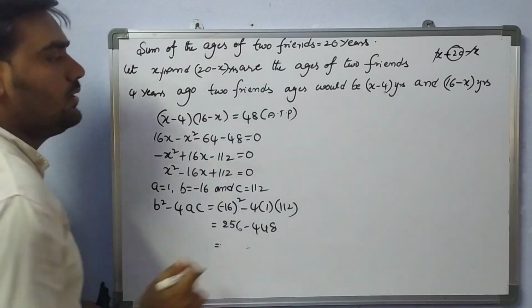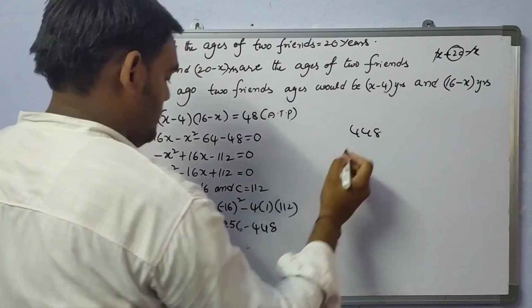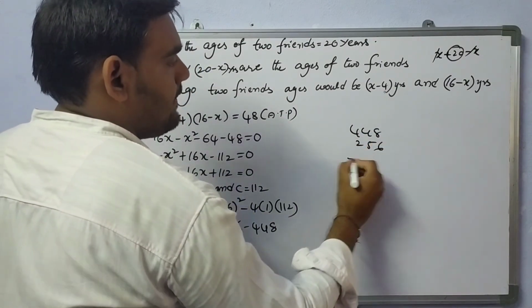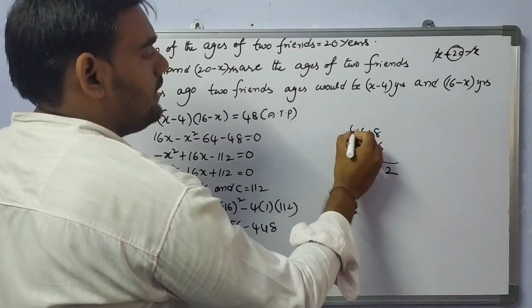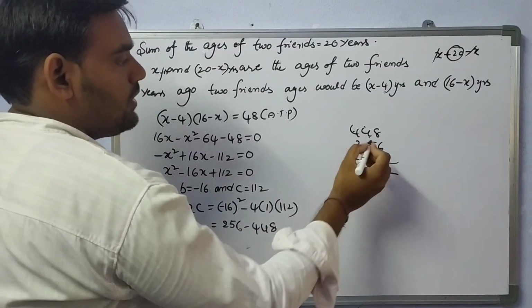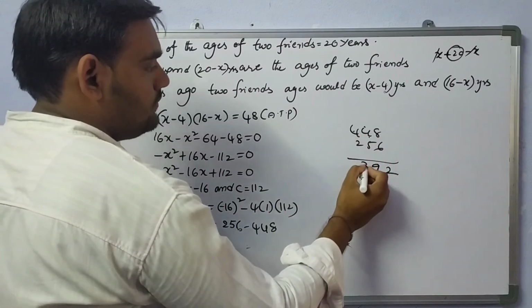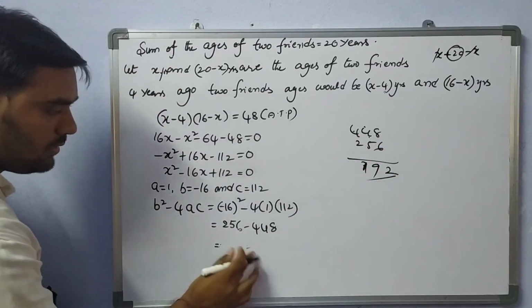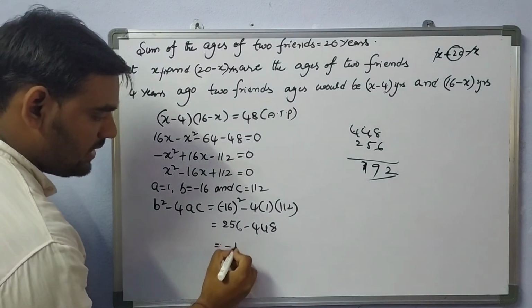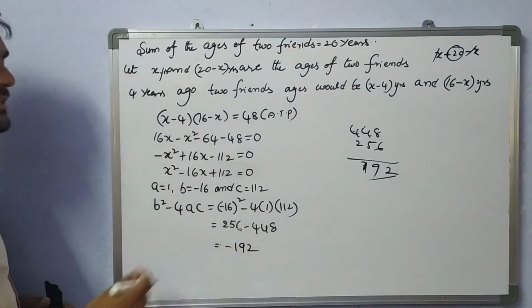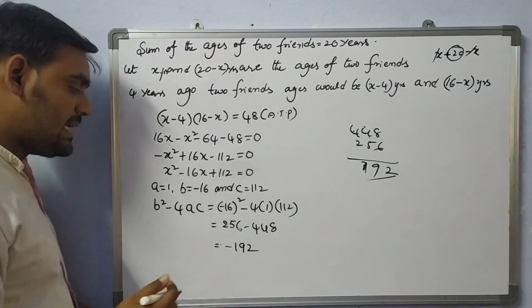This one is 448, this is 256. Here we need to take a borrow. 14 minus 5 is 9. So 192. Minus 192 we are getting. So minus 192, its value is less than 0.